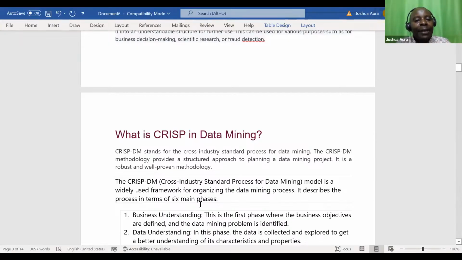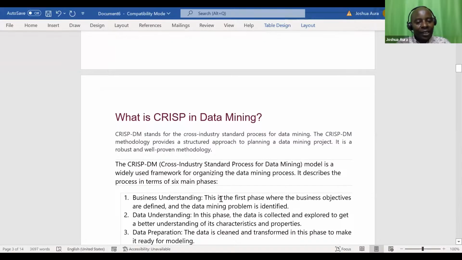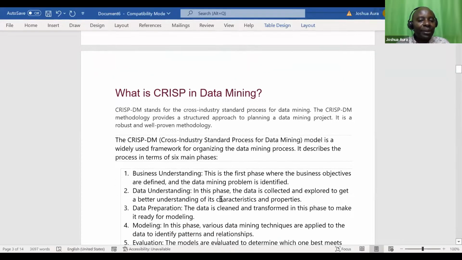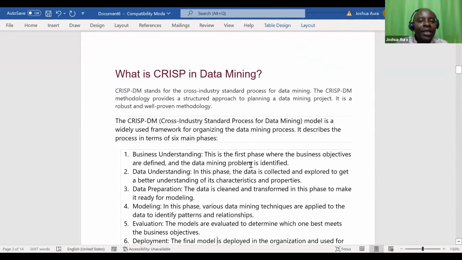It describes the process in terms of 6 main phases. The first thing you have to do in any data mining process is business understanding. You must understand the business. This is the first phase where the business objectives are defined and the data mining problem is identified.